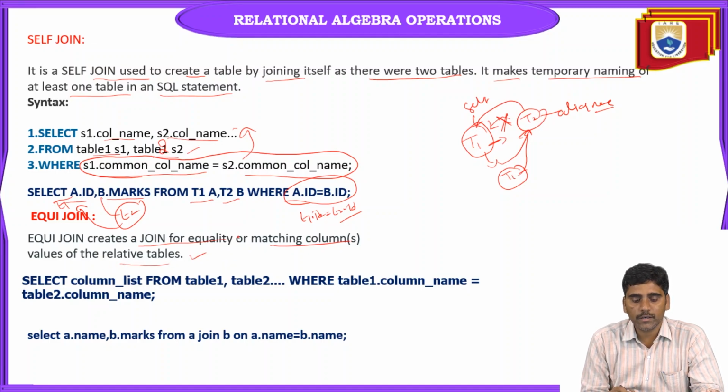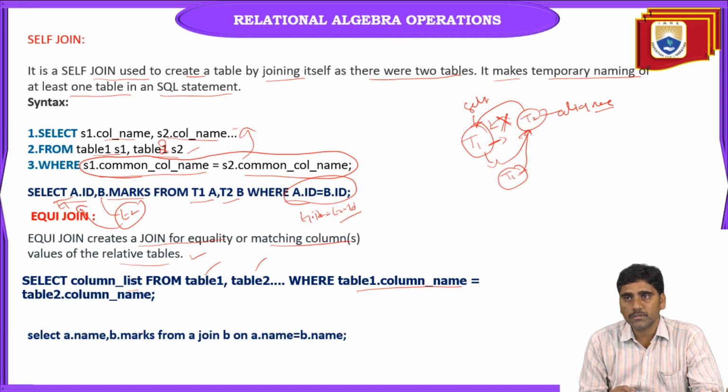So the syntax is: select column list from table 1 and table 2, where table 1 dot column name equals table 2 dot column name. That creates a join for equality of the matching columns data.